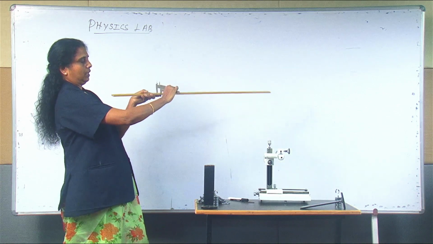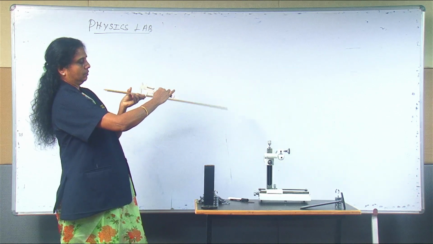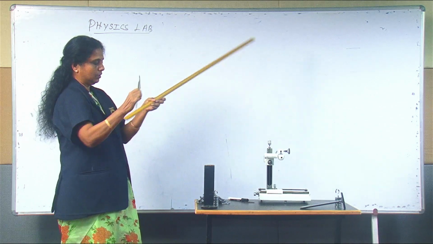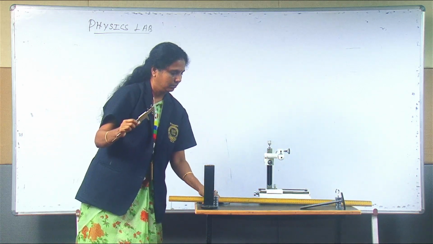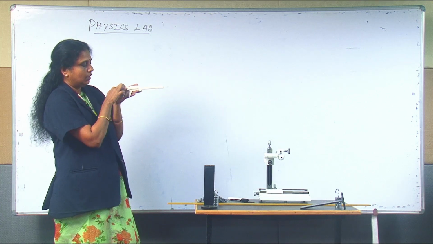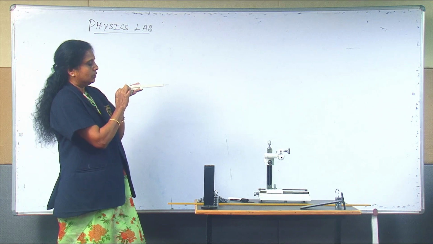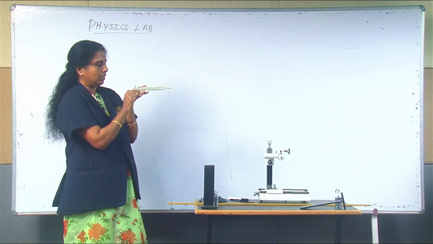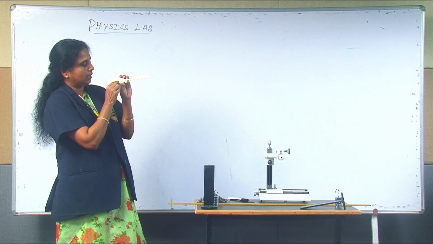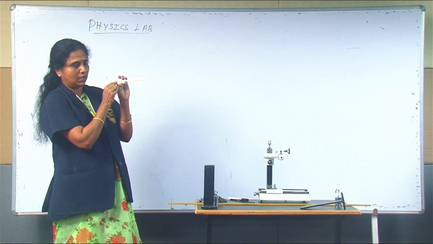So you have to fix like this. And remove this. First you should note down the main scale reading. In order to note down the main scale reading, where the first line of the vernier, I said there exist 10 divisions in the vernier scale.